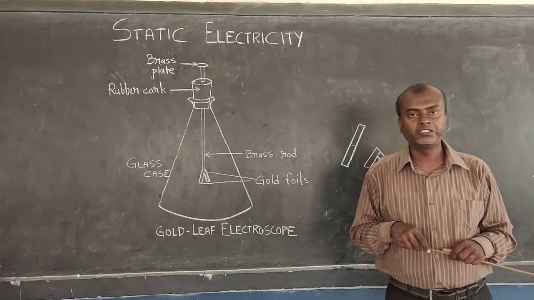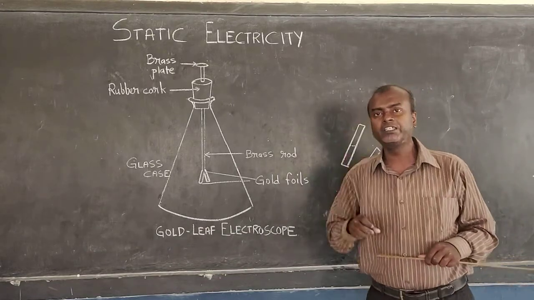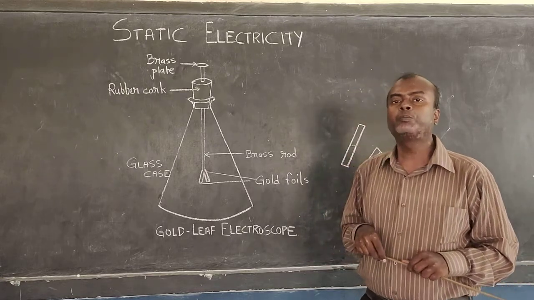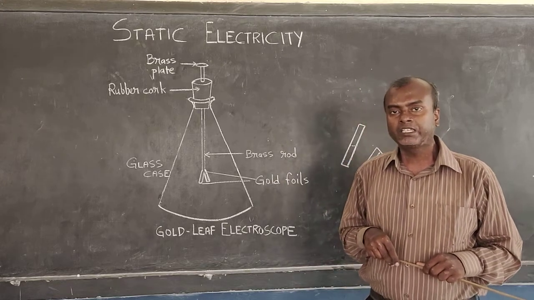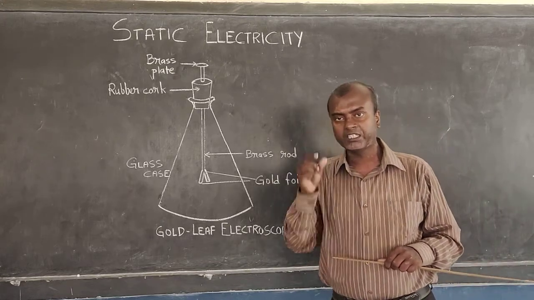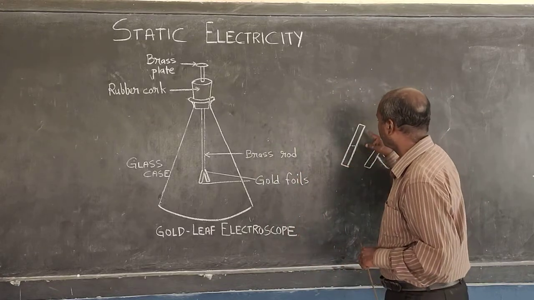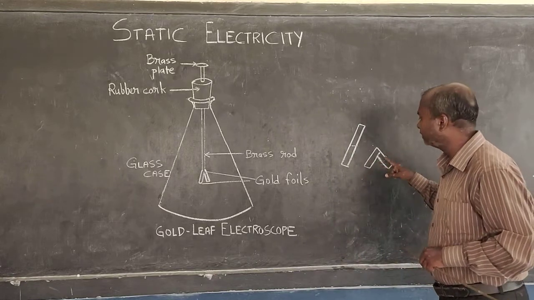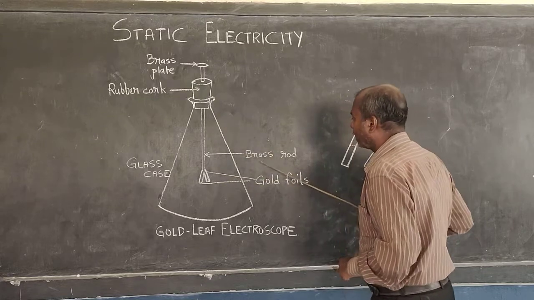Now gold is quite expensive, we know that, so this foil is very thin. You might have seen aluminium foils in which you pack your breakfast or lunch, chapatis, or even thinner than that. Like that, one rectangular gold foil is folded from the middle, and it is attached by welding at the end of the brass rod.